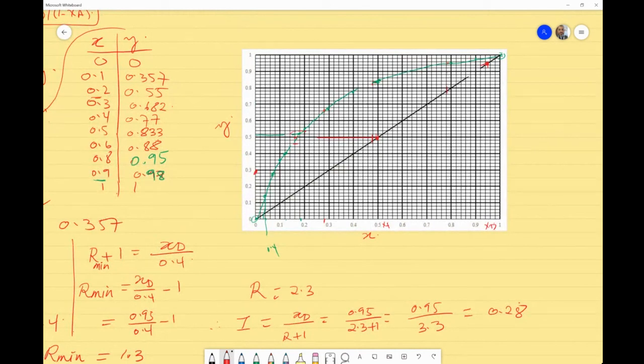So now what I have to do is just draw between, sorry, this one is going to be taken off.